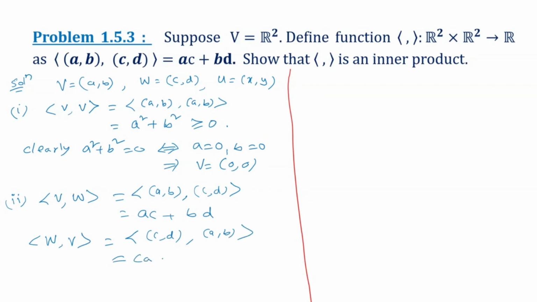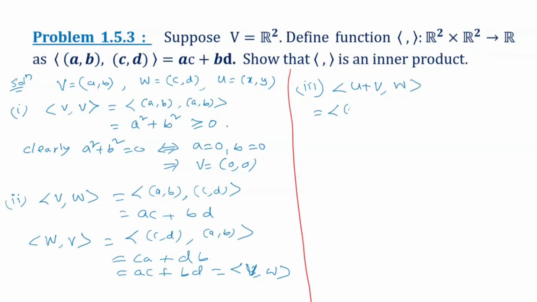So this is again ca plus db, which we can write as ac plus bd. So this is equal to ⟨v, w⟩.